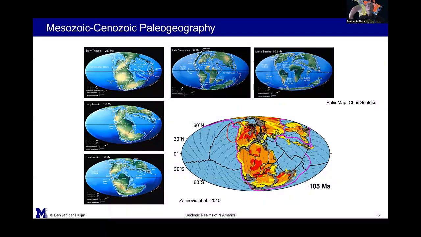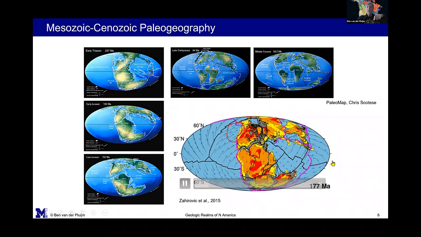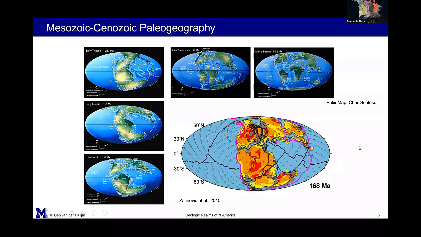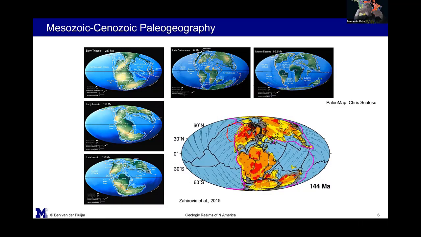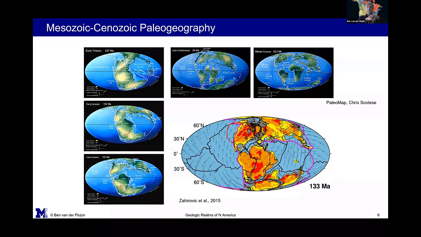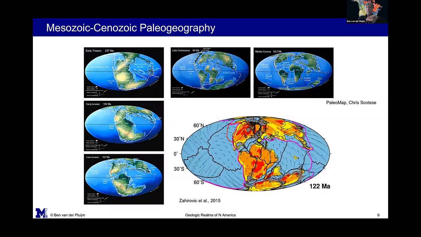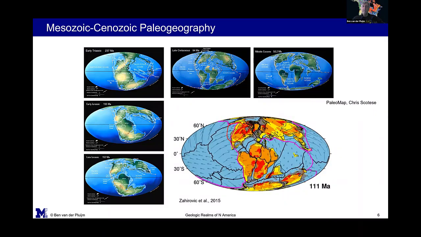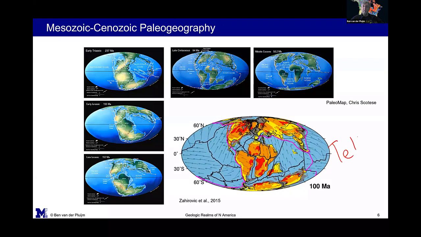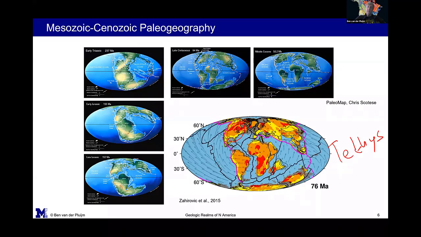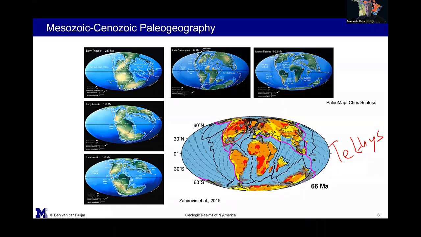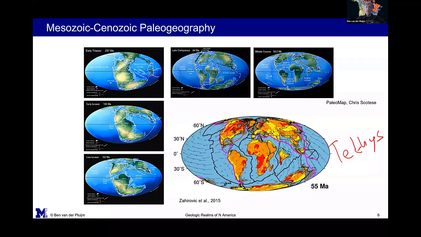The Mesozoic and the Cenozoic is the history of the opening. I'll run it one more time when I say that. It's the history of the opening of the Atlantic Ocean. That is really the characteristic feature of this part that we live in. And in this case, the eastern part of the configuration is the closure of what we call the Tethys Ocean basin. That's the ocean basin between India, which you see now rapidly closing, and Asia.